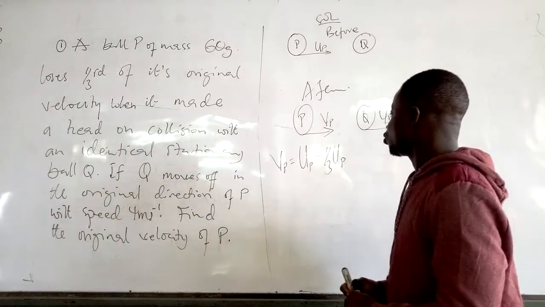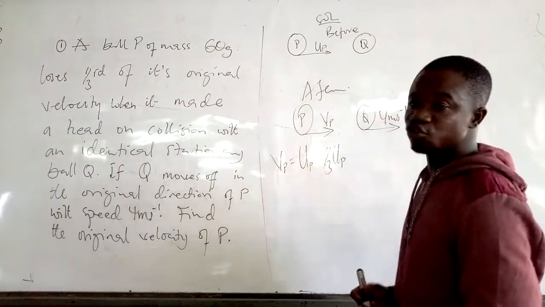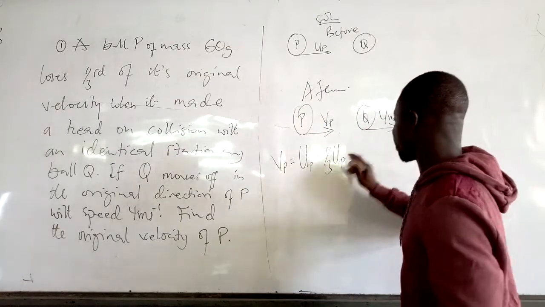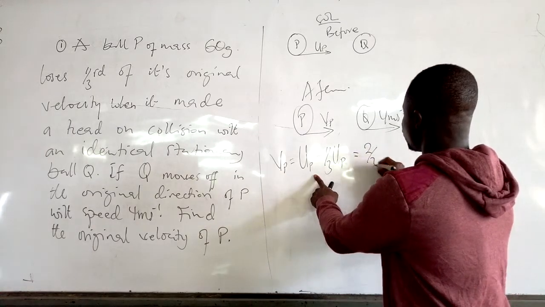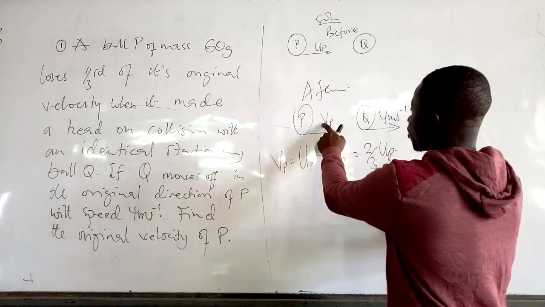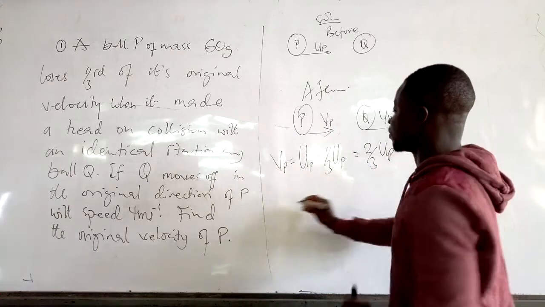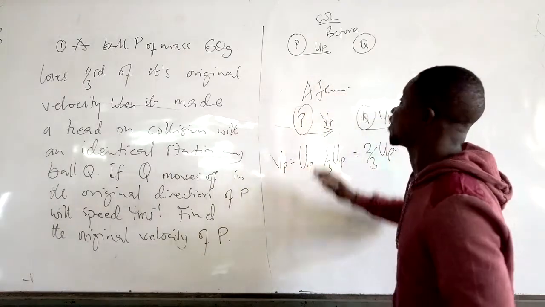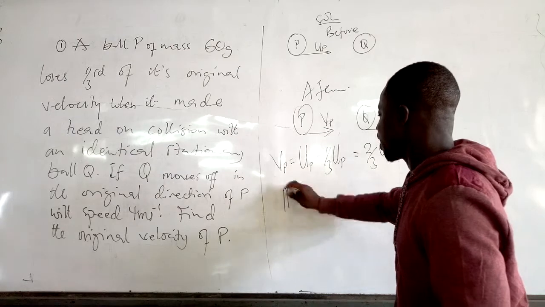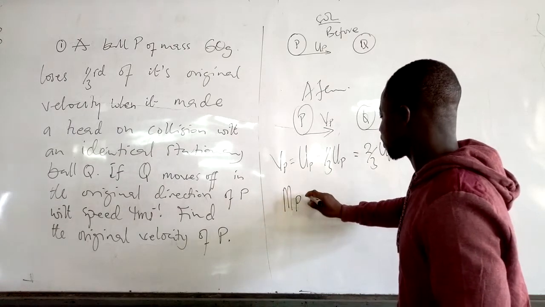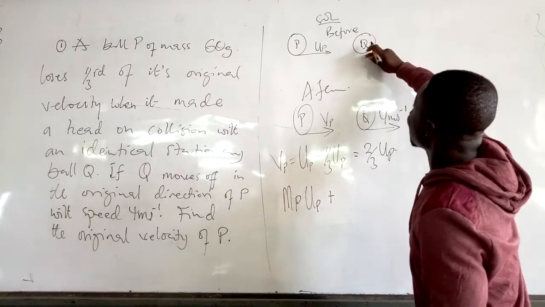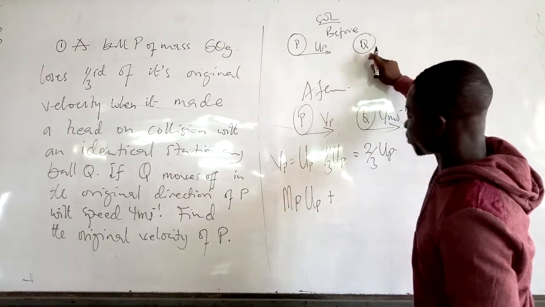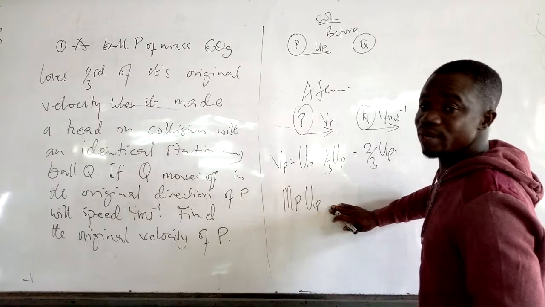Thank you. So applying the principle of momentum to this. Let me evaluate this before. What that means is that our VP is going to give us 2/3 of UP. So our VP is equal to 2/3 UP. Applying the principle of momentum to this question, MP UP plus the momentum of Q, but Q initially was stationary, so its momentum is 0.